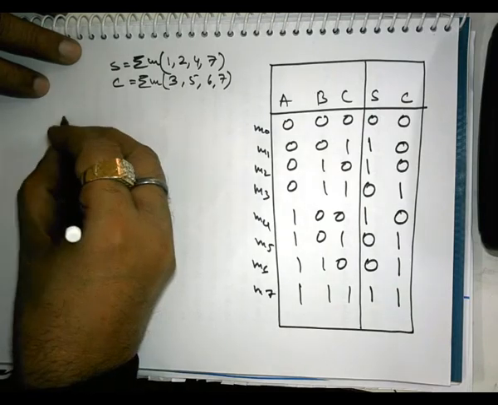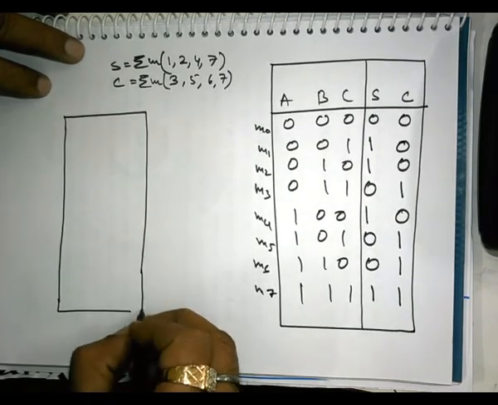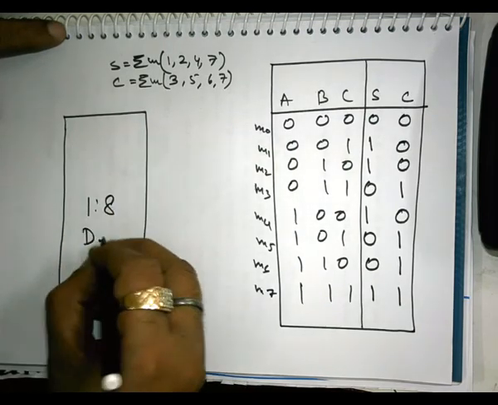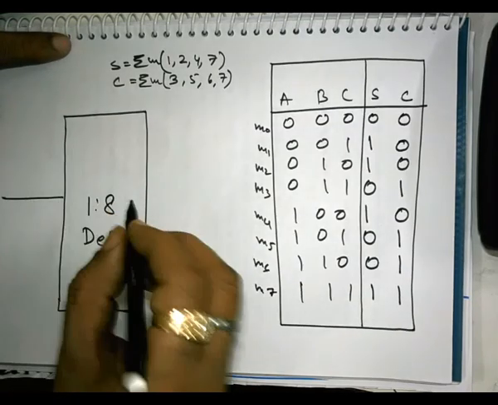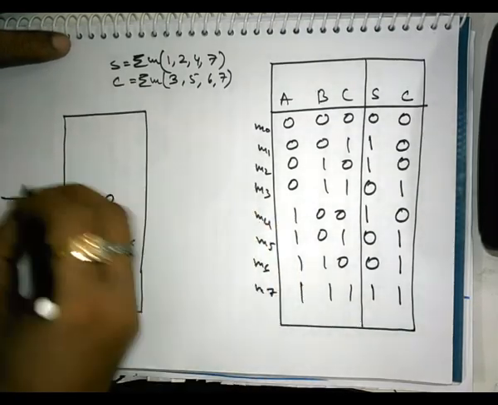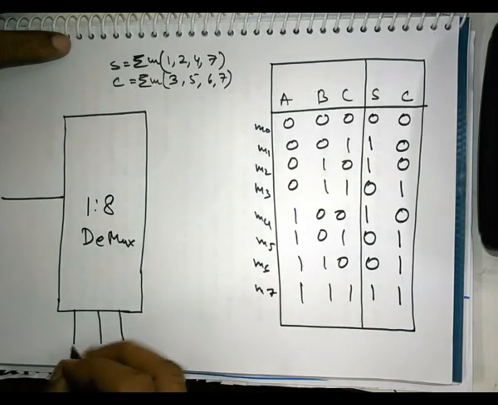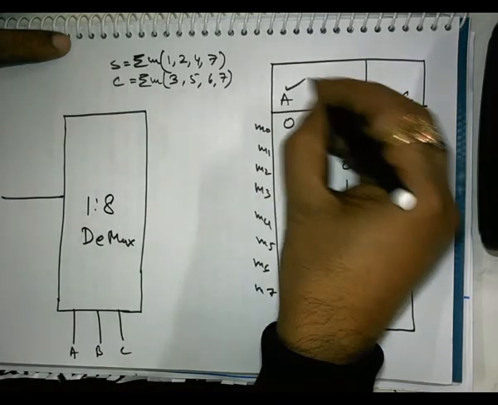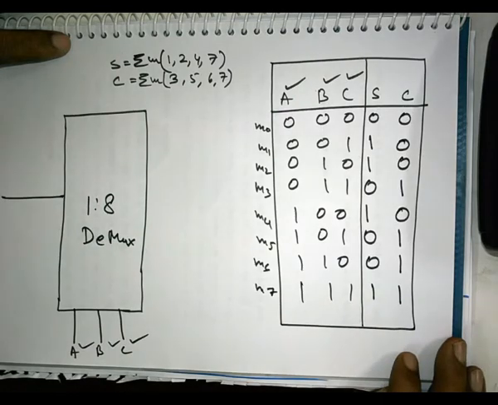Now we have, suppose, a 1 to 8 demux. It has a data input and 3 select lines, and at the select lines we are applying A, B, C. This A, B, C has been connected over here. Okay.